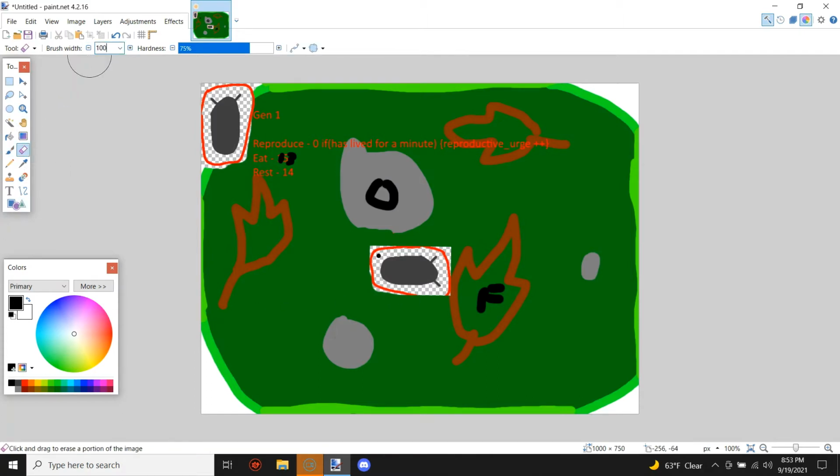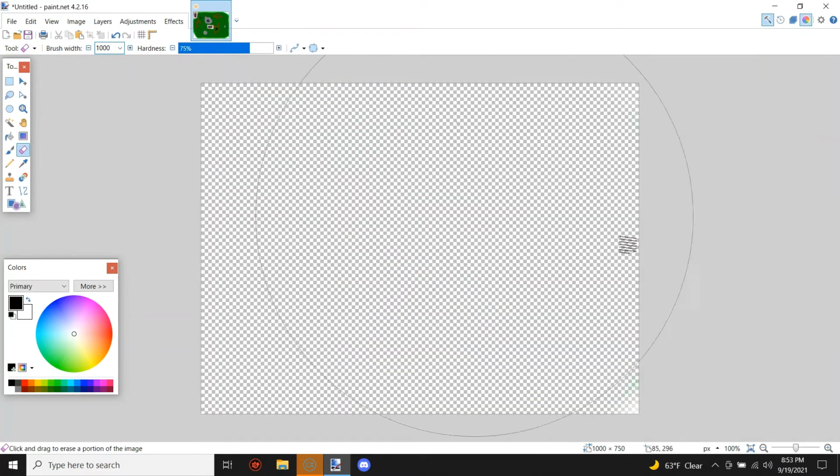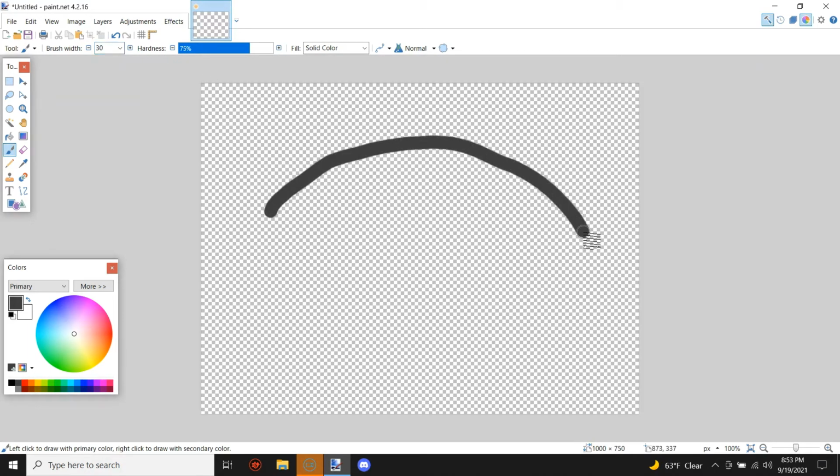So, this is going to be in 3D. And just one problem that I'm going to have is, I can kind of draw a 2D isopod.